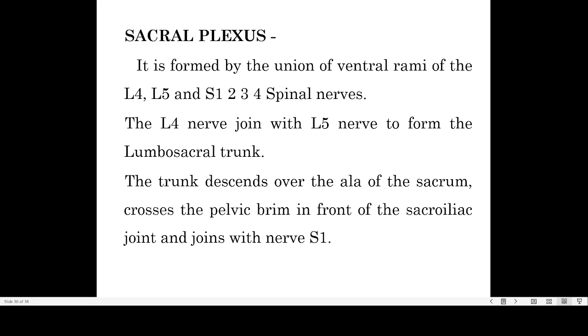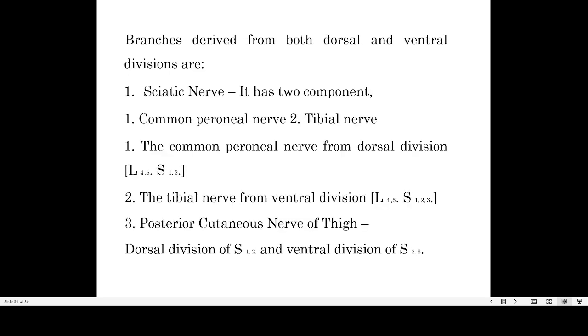So this lumbosacral trunk descends just over the ala of the sacrum, then crosses the pelvic brim in front of the sacroiliac joint and joins with the S1 nerve. Usually, both the dorsal and ventral divisions give branches.